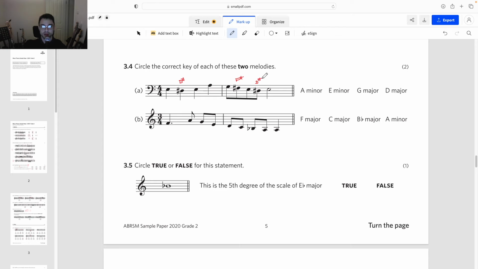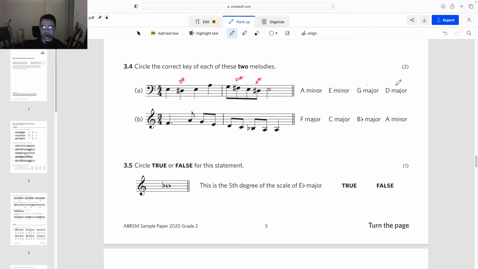So if you've been practicing your scales, this should be a little bit easier for you. First of all, let's start with this F sharp, because this is the first sharp that we get in the key signatures. What keys have an F sharp in them? All right, we know G major has an F sharp in it, but G major doesn't have a D sharp in it.